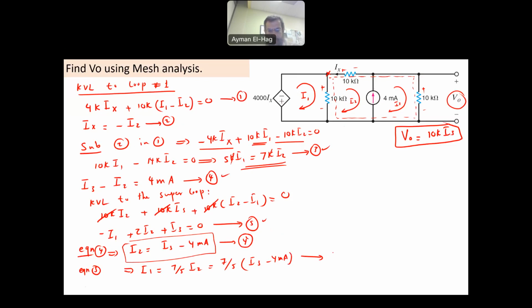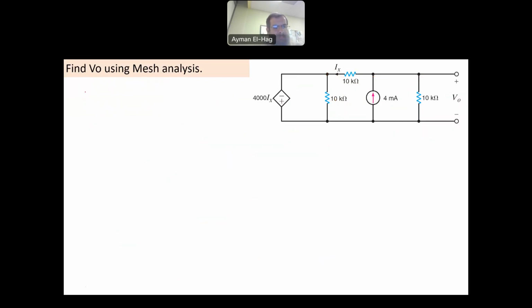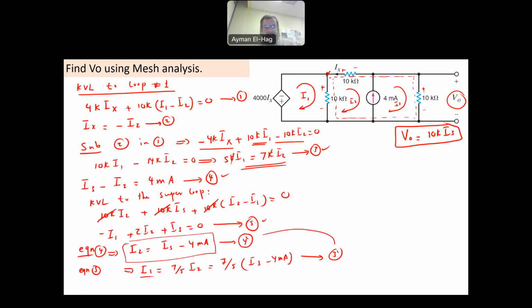This is equation number 3 prime. Now I know I1 in terms of I3 and I2 in terms of I3, so we take these two, 3 prime and 4 prime, and substitute them in the fifth equation.